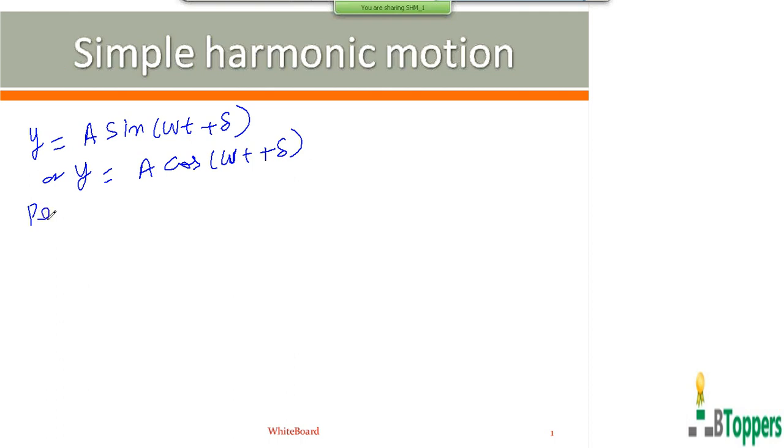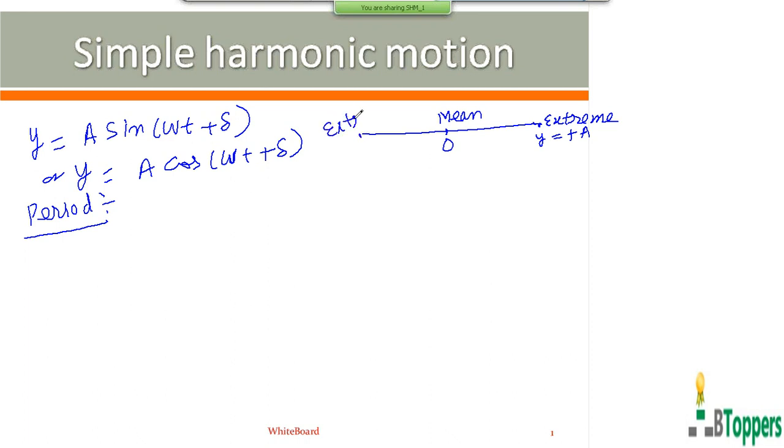Coming to the term period of simple harmonic motion, if y is the mean position for the particle, and this is one of the extreme positions at which y is written as plus a, and this is the other extreme position at which we can write y equal to minus a.